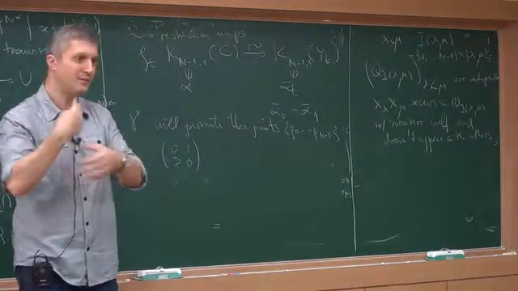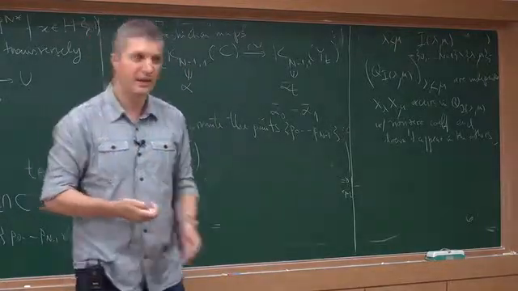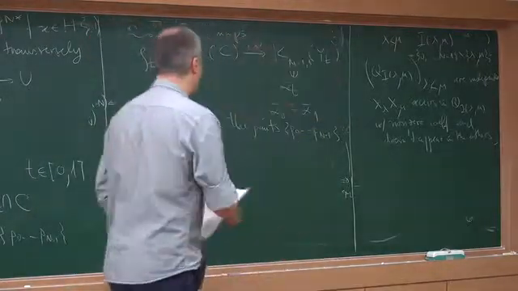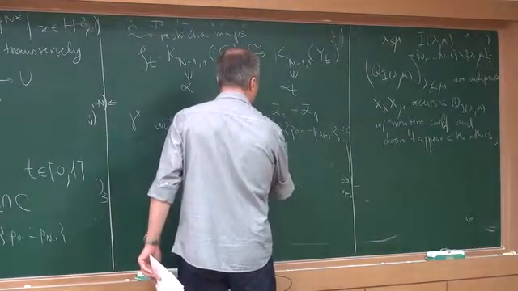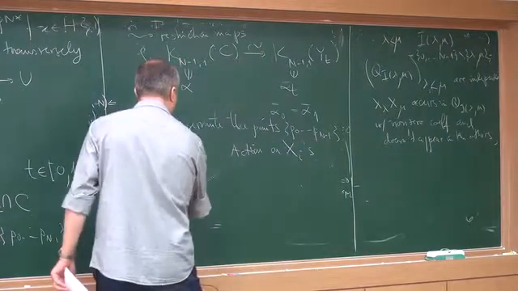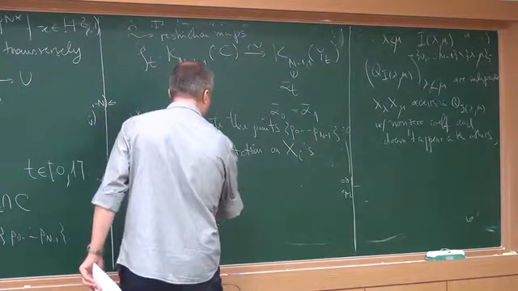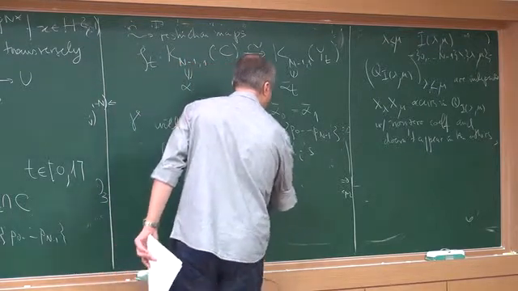So it doesn't just mix the variables, it mixes the variables up to multiplication by some scalars. So the action on the x_i's is by permutation plus multiplication.